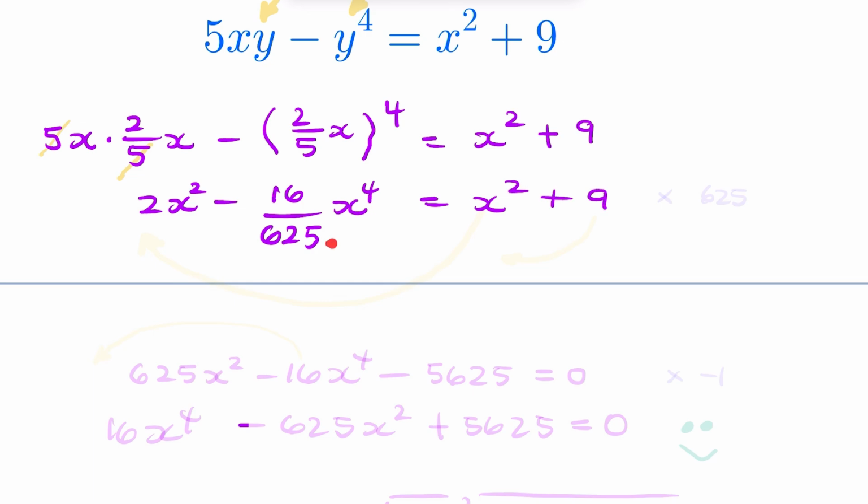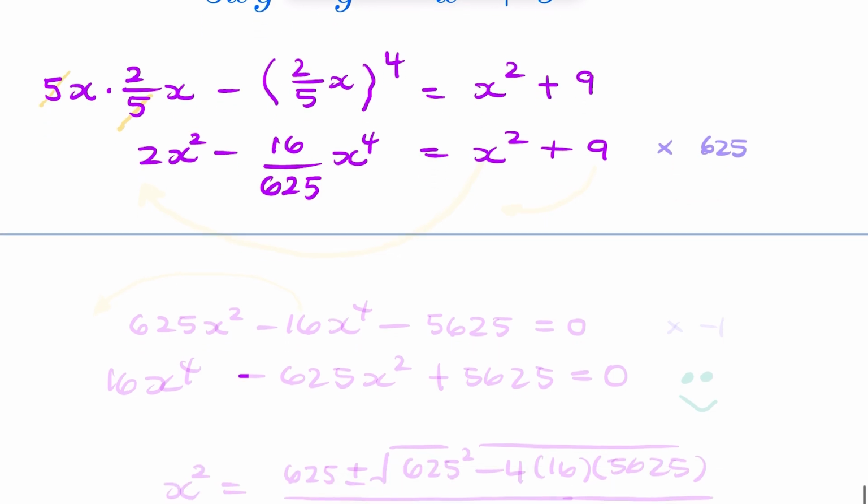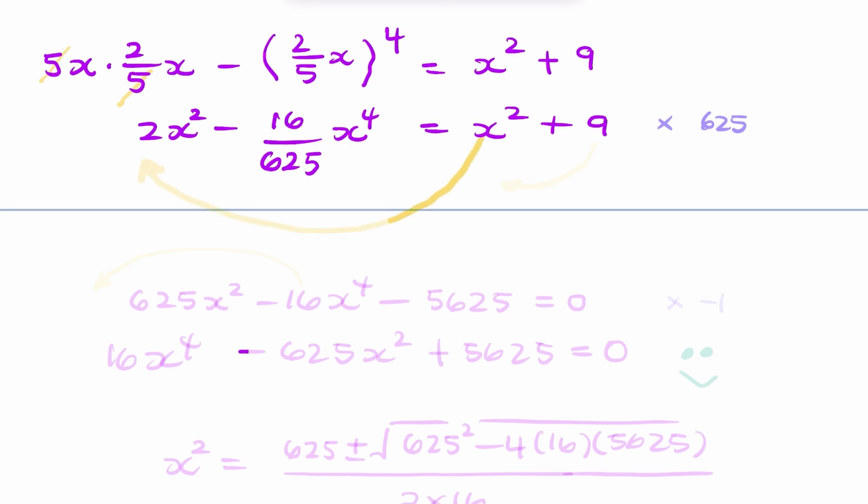So to get rid of the denominator, how about we multiply everything by 625? At the same time, let's bring this to the other side, and the same with the 9.